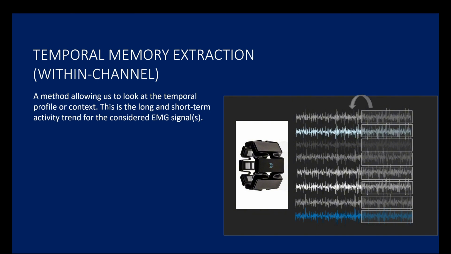However, we want to change that by relating it to the activity in the previous window. Which previous window? Should I use the first previous, second previous, third previous? How much backward should I go? Do I need short-term memory? Do I need long-term memory? Which one of them? To be honest, in the beginning, we didn't know.